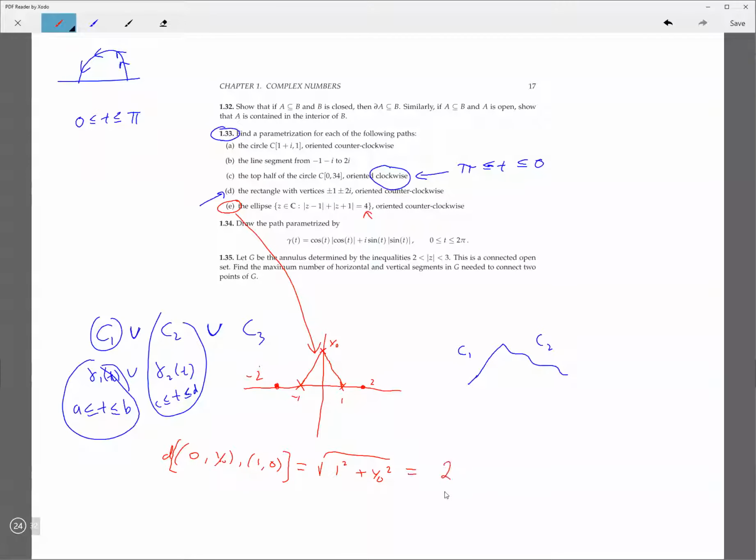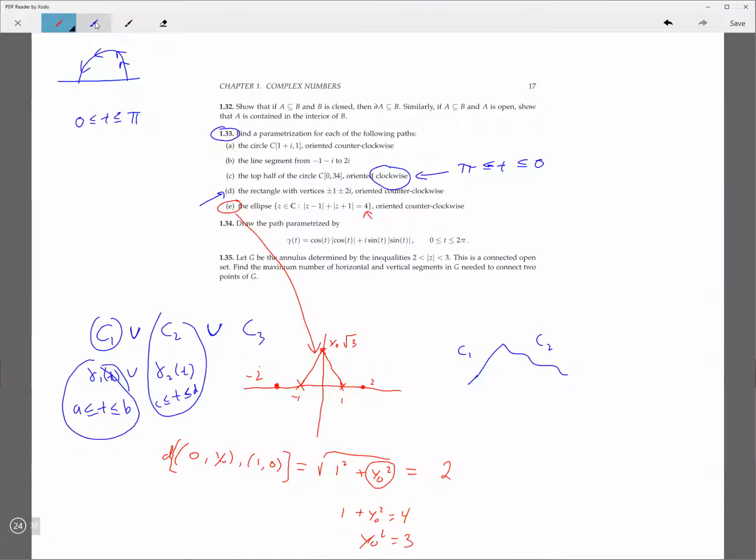So that means this one has to add up to 2. So in order for this to happen, 1 plus y0 squared has to be 4, which means that y0 squared has to be 3. So this is going to be the square root of 3.